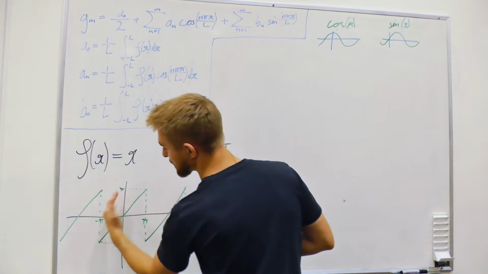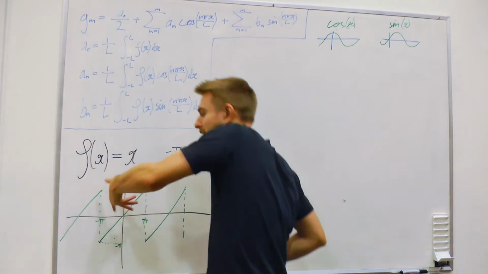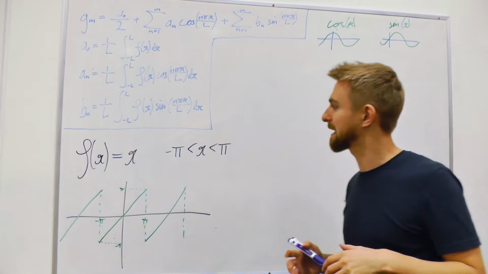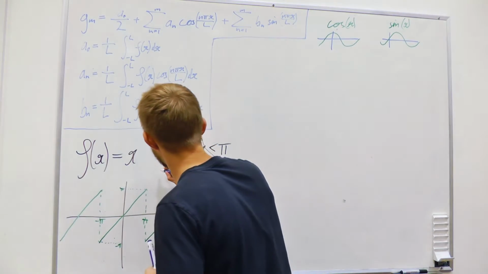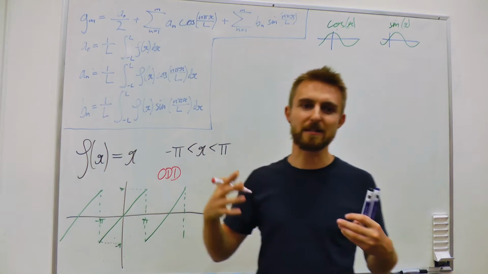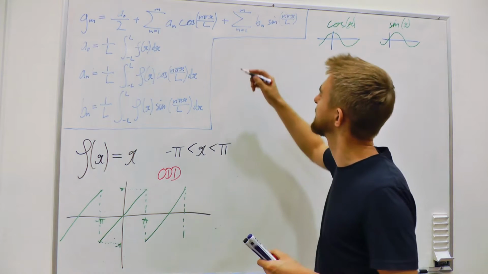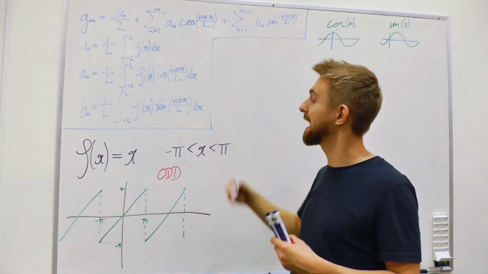It's not a mirror image of itself around the vertical axis, but it is odd. If you spin this thing round 180 degrees, it would look exactly the same. So if your function is odd, it actually means that none of your cos terms can have any impact on it.